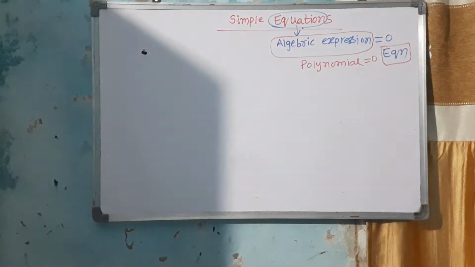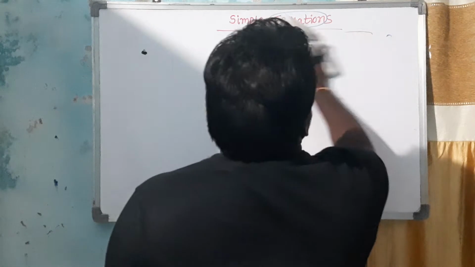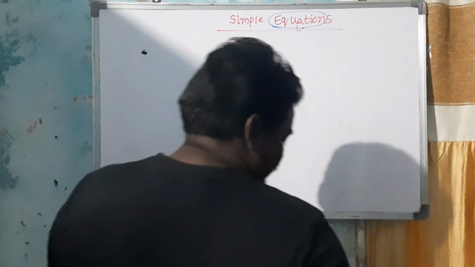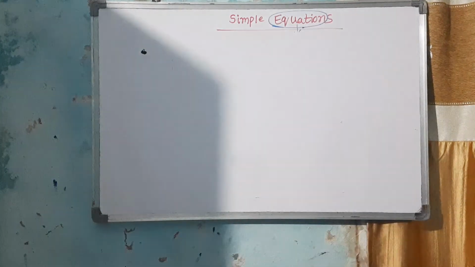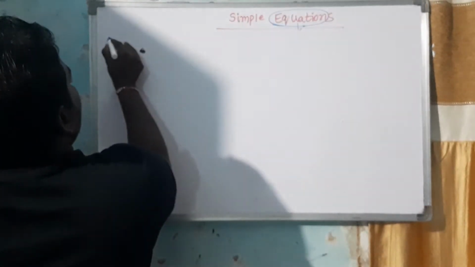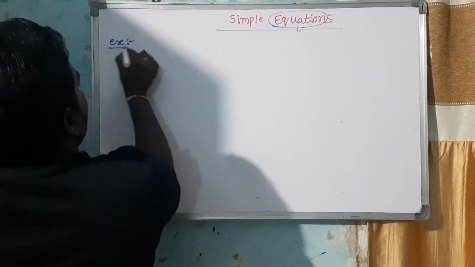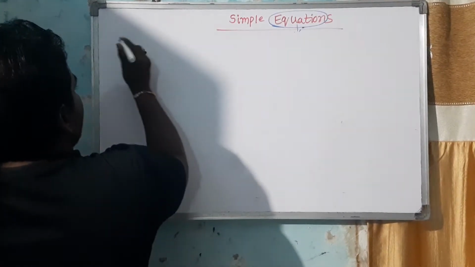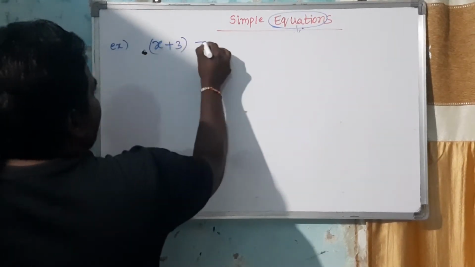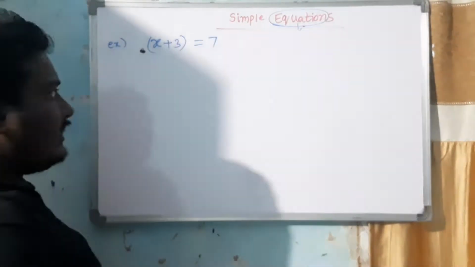Here we are dealing with only one or two variables. If we take an example for an equation, let me take x plus 3 equal to 7.